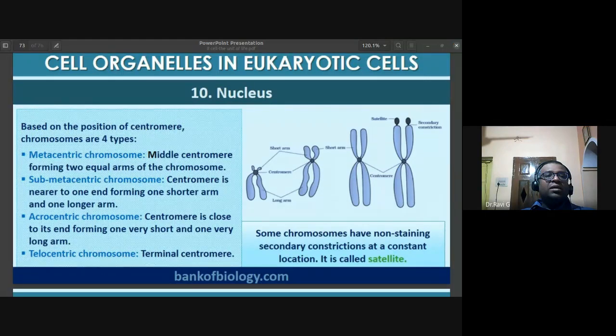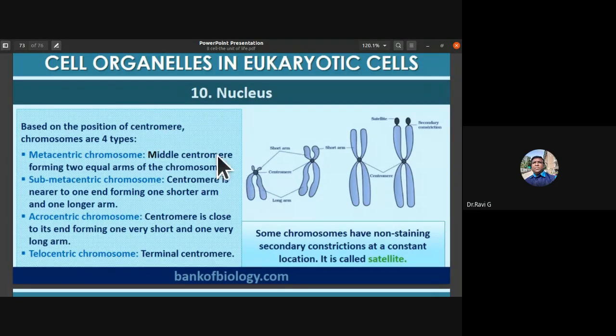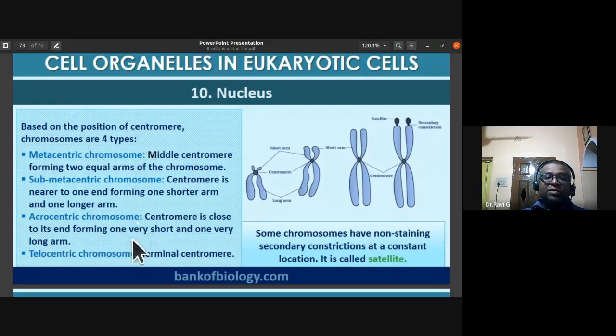Based on the position of the centromere, the primary constriction, chromosomes are of four types.